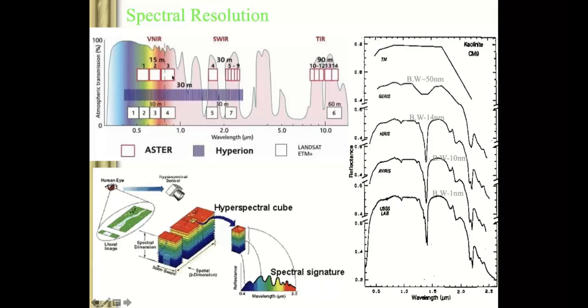So we have higher spectral resolution in ASTER images. But if you see hyperspectral images, there are a large number of bands, around 256 bands available in hyperspectral sensors. So in terms of spectral resolution, there is a revolution. Instead of 14, now we have 256 bands from a satellite image.